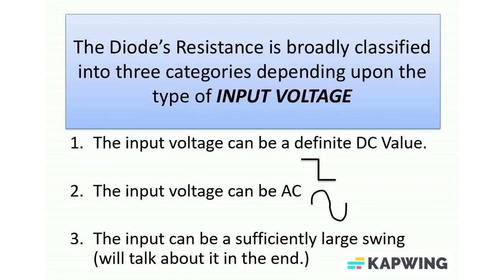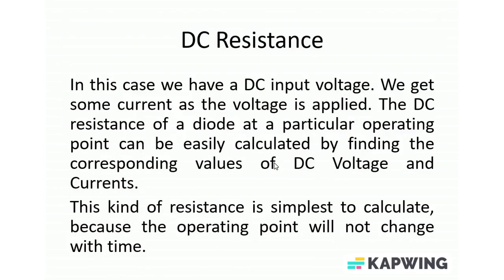We know that alternating current or voltage changes with time, so this operating point would be shifting according to the input voltage. We'll talk about this case 2 in the next lecture. In today's lecture, we will only discuss the concept of input DC voltage. When this DC voltage is input to the diode, how can we calculate the corresponding diode resistance?